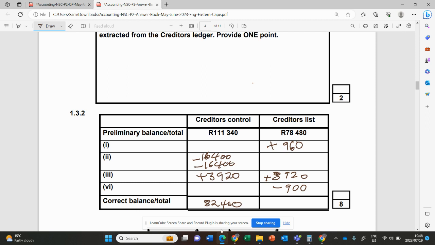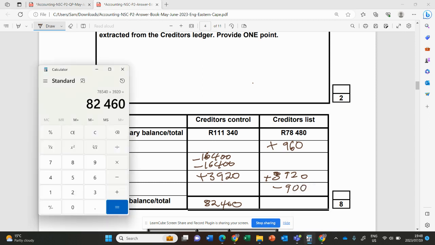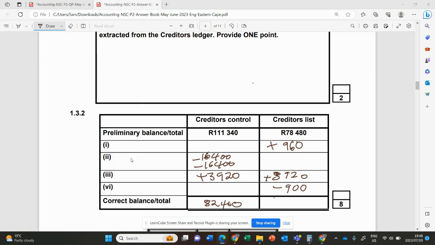Now on the creditors list, we have 76,480 plus 960 plus 3,920 minus 900. So you are getting 82,460, and then it does balance. It does balance.